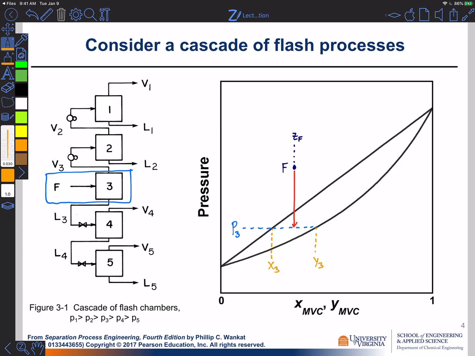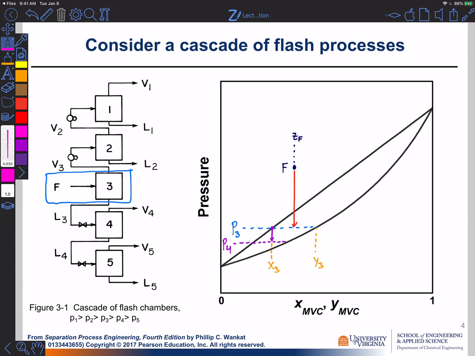And then, with that liquid product, we could come in and drop the pressure again on that liquid. If we did that, perhaps we'd drop the pressure down to some other pressure that we'll call now P4.